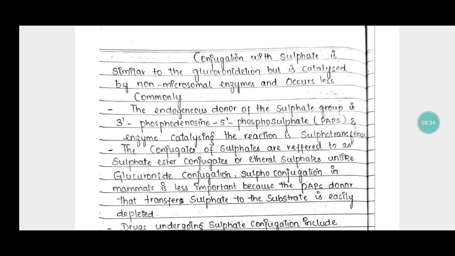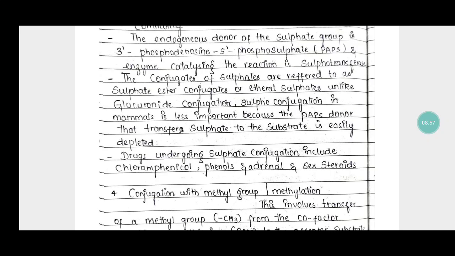Unlike glucuronide conjugation, sulfate conjugation in mammals is less important because PAPS, that is 3-phosphoadenosine 5-phosphosulfate, the donor that transfers the sulfate to the substrate, is easily depleted. The drugs undergoing sulfate conjugation include chloramphenicol, phenols and adrenal and sex steroids.